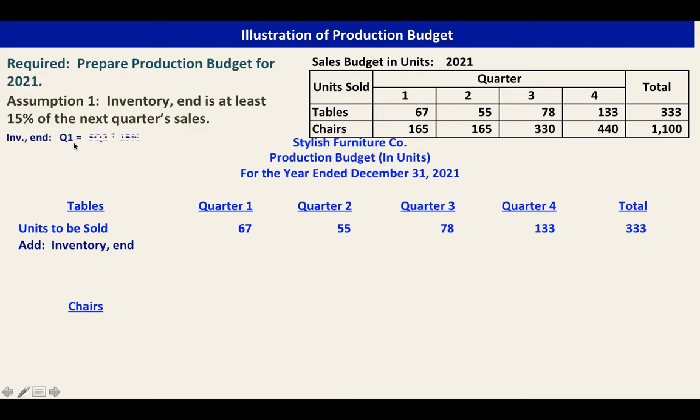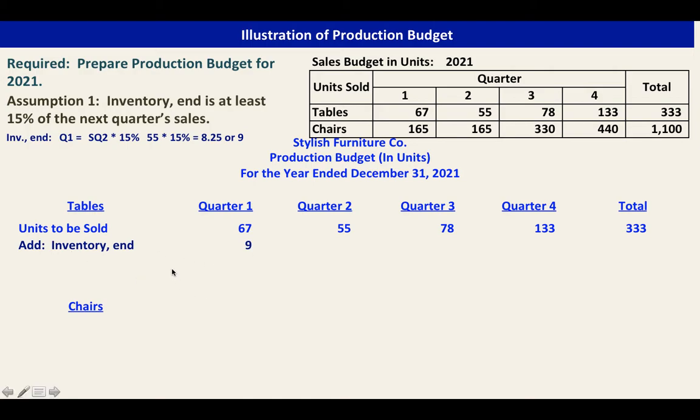Inventory end for quarter one is sales on quarter two times 15%, that will be 55 times 15%, which is equivalent to 8.25. Again, since we are talking here of units, we should not be using decimal places. We have to round it up, always up. So in this case, our inventory end is 9.